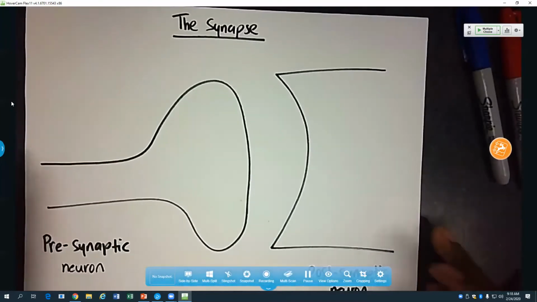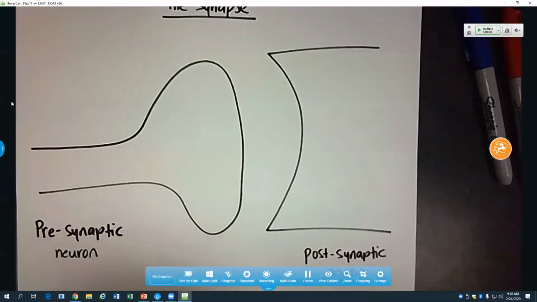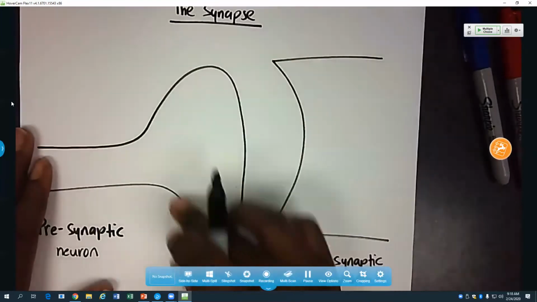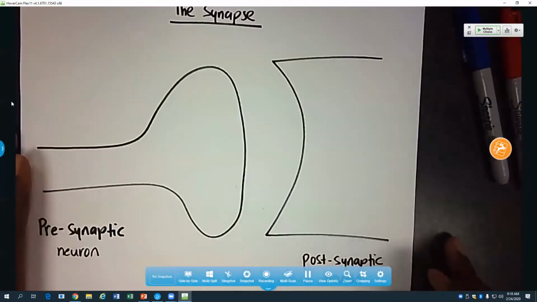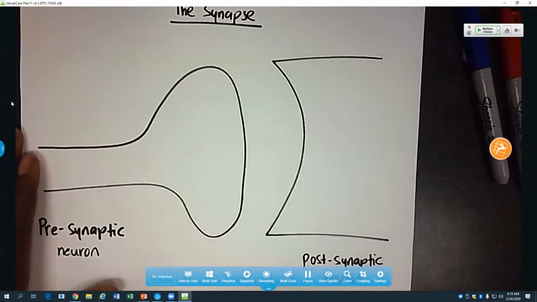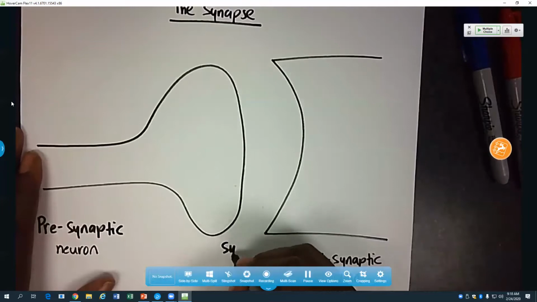Now we are going to speak about different options for this second cell, but for right now we're going to consider it to be the second neuron, and that would make this region the synapse. Okay? And so we can describe the space that's between the neuron and its targeting cell or neuron as the synaptic cleft.